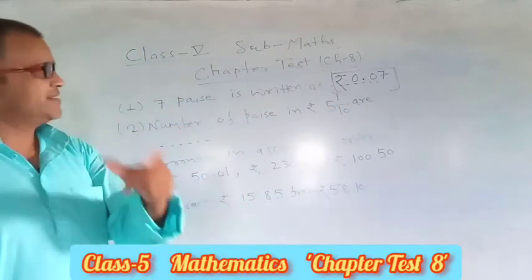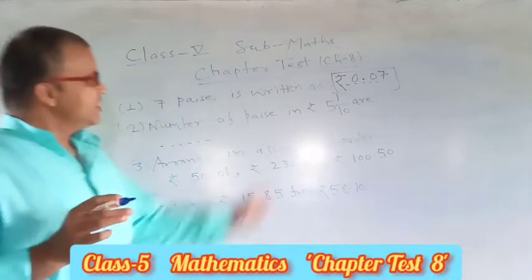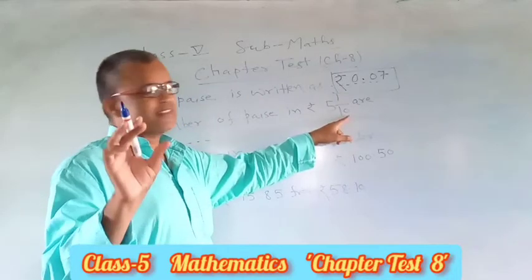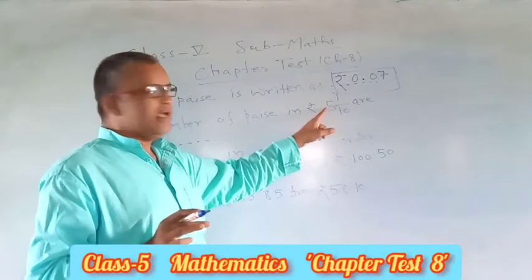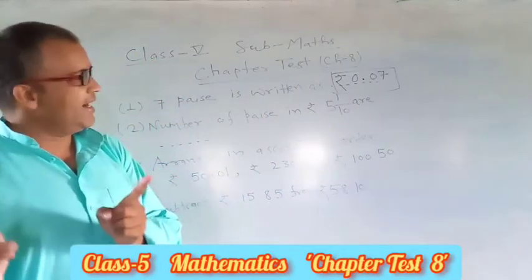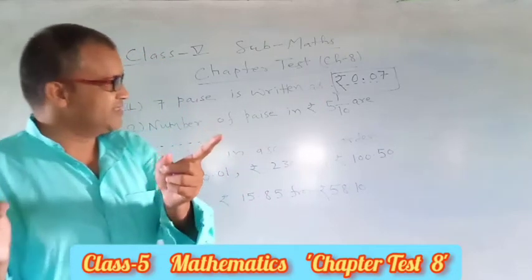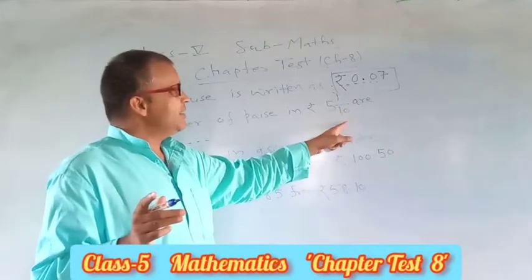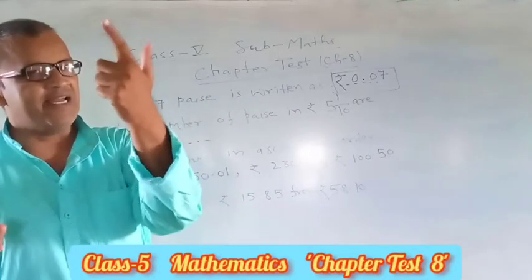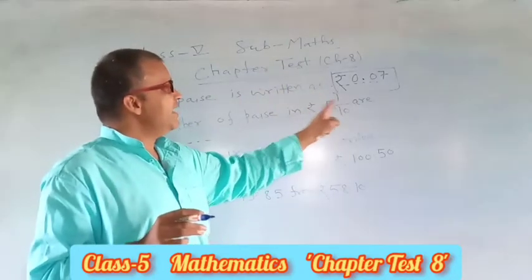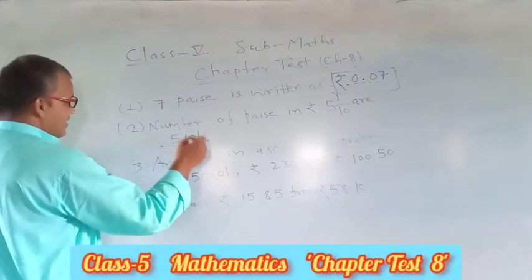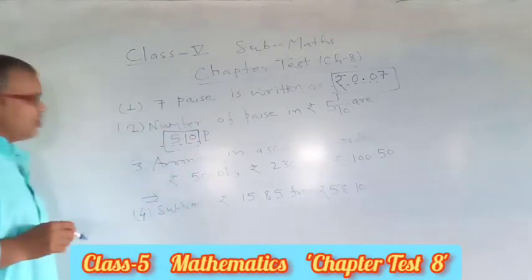This 5 is the whole number part and 1 by 10 is the fractional part. 5 rupees means 500 paise, because 1 rupee has 100 paise. Then 1 by 10 means 100 paise divided by 10, which is 10. This 500 and this 10, what will be your answer? Your answer will be 510 paise.